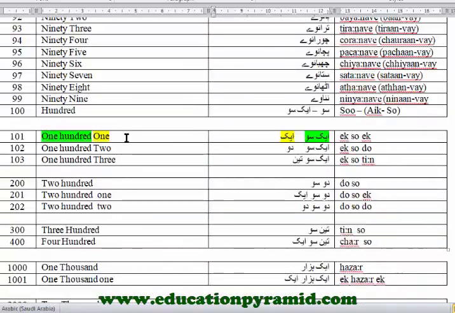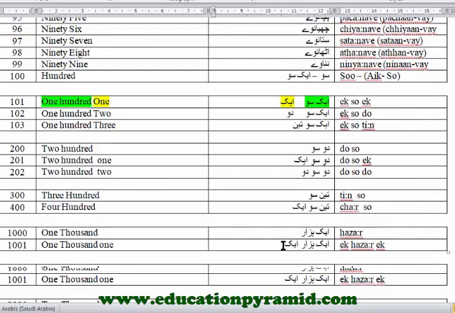Similarly for 200, 201, 202, 203, 204, 205, and so on. Likewise 300, 301, 302, 303, 304, and so on.